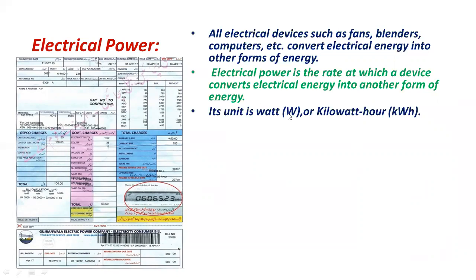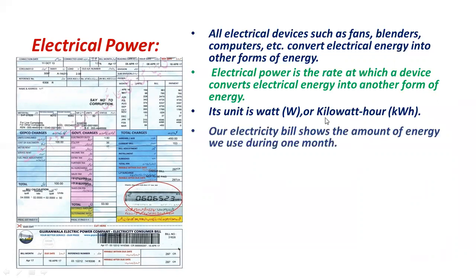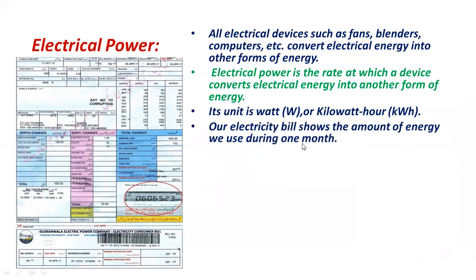Its unit is the watt, or the bigger unit is the kilowatt hour. Our electricity bill shows the amount of energy we use during one month, and it is taken in kilowatt hours. You can see in this image kWh, which shows kilowatt hour.